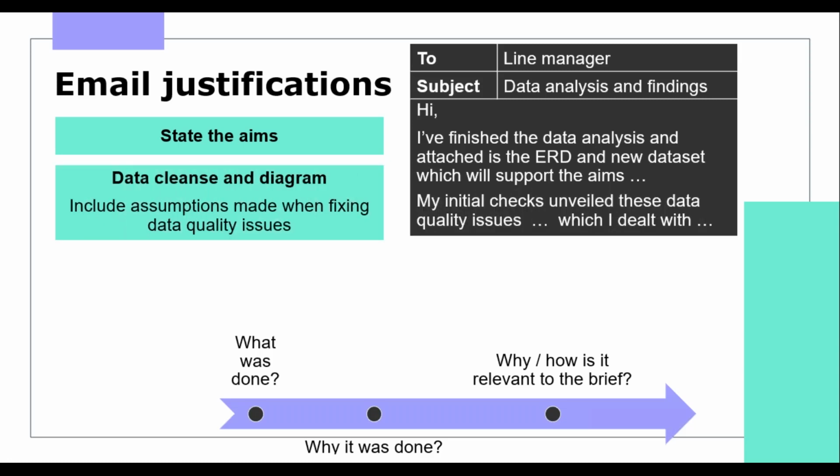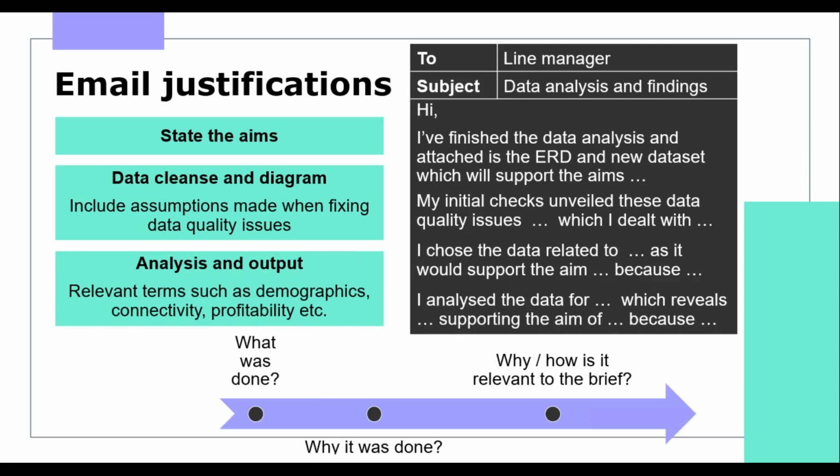Then what they did, and why, for action 1, the data cleanse and data modelling diagram, and any assumptions that were made, such as any changes or fixes they did to the data. Then a section about action 2, the analysis and visualisation produced from the data, and why they took the approach they did and how it helped the business achieve its goals.